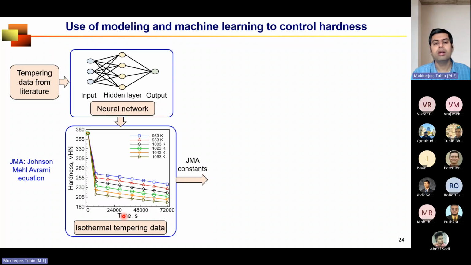At the same time, we used that tempering data to get the Johnson-Mehl-Avrami equation constants. If you do not know the Johnson-Mehl-Avrami equation, it is an equation that tells you with time how much phase will transform from phase A to phase B. So this is a rate of phase transformation equation.